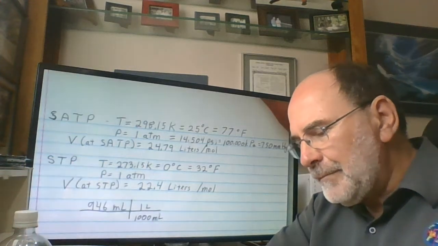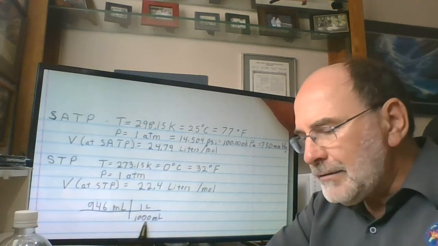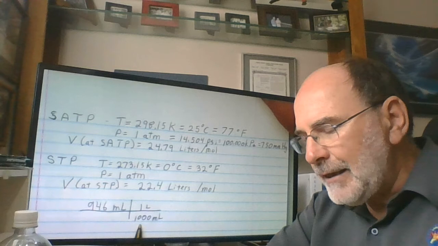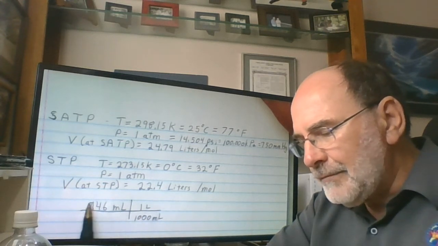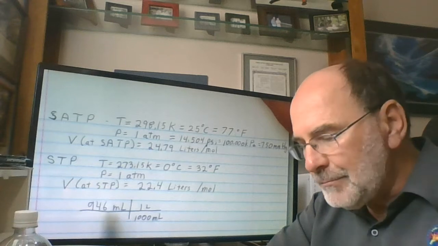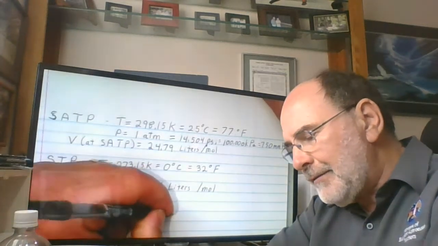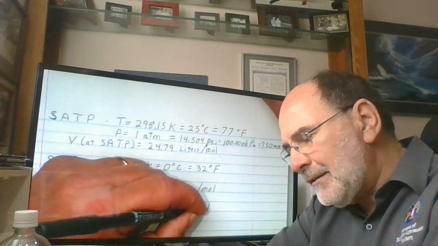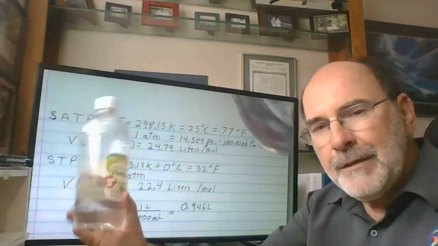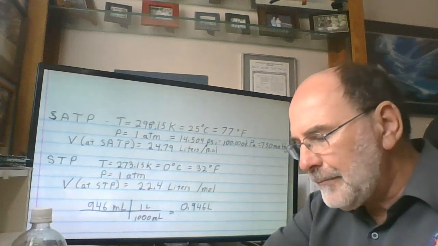And what I have to do is choose my units in this conversion table so that they cancel out. And that means divide by 1,000, which means move the decimal point 3 places to the left. And now I have 0.946 liters of volume in this container.